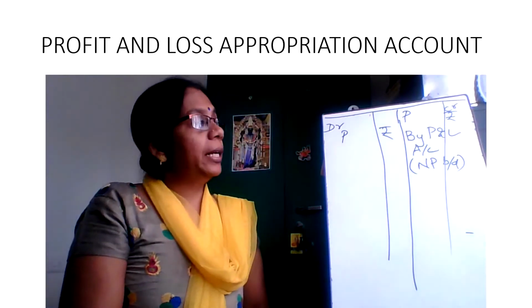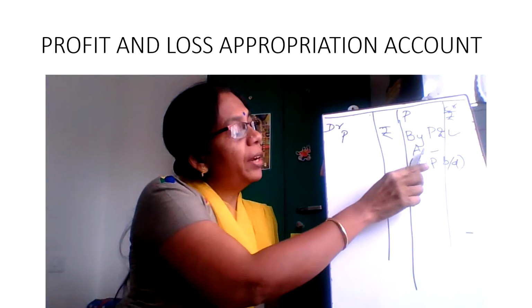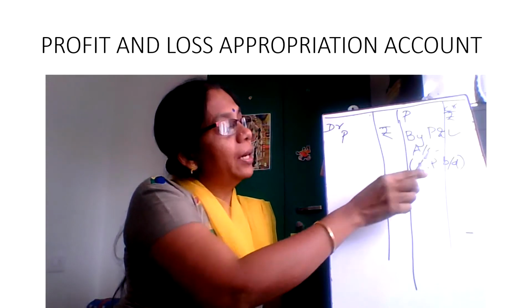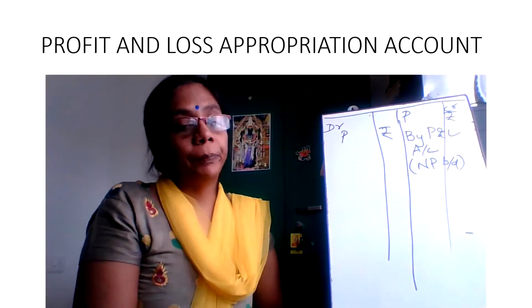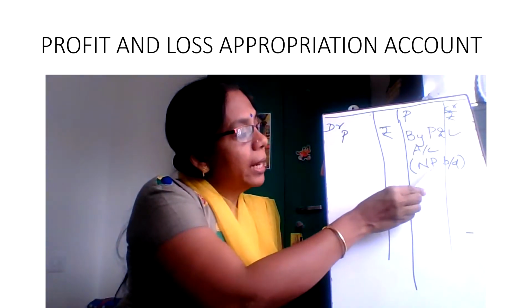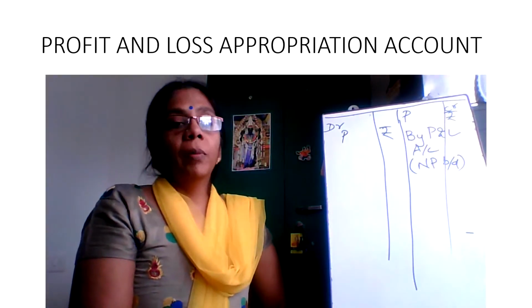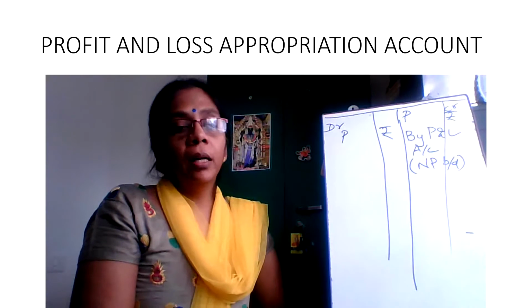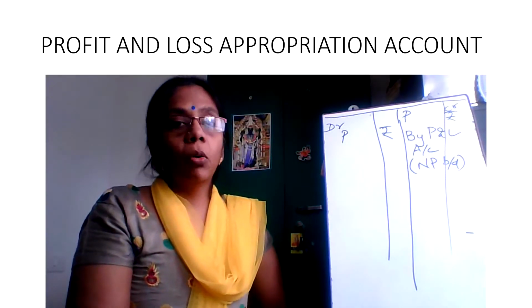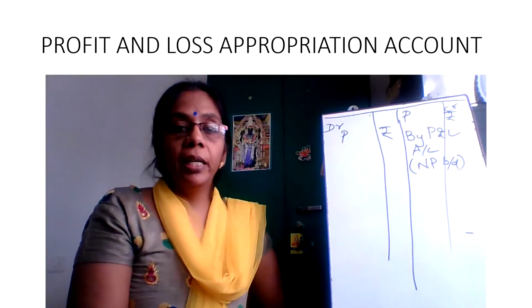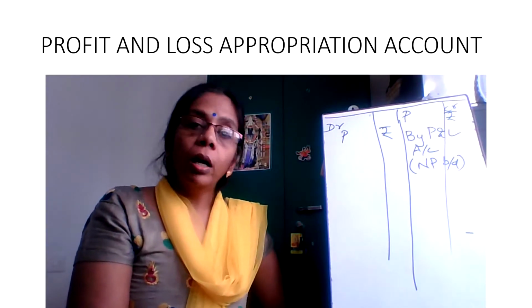So I have already told you as to how the net profit from the P&L account would be brought forward. And if it is net loss, it should be on the other side. It is common sense, both net profit and net loss would never coexist. So either it should be a net profit or a net loss.